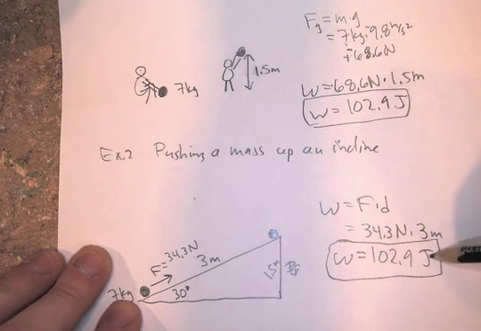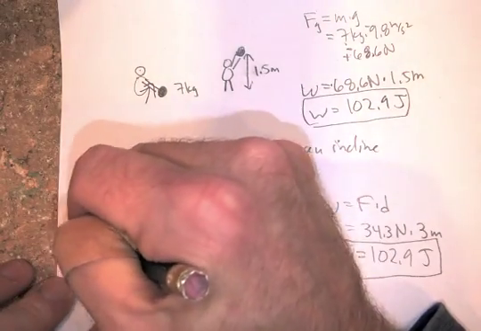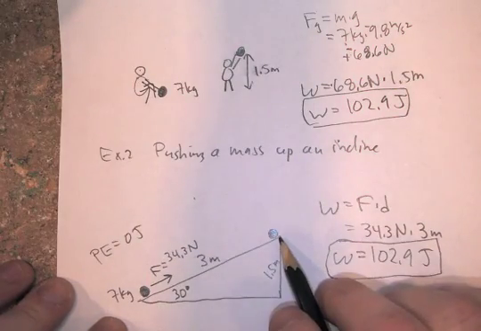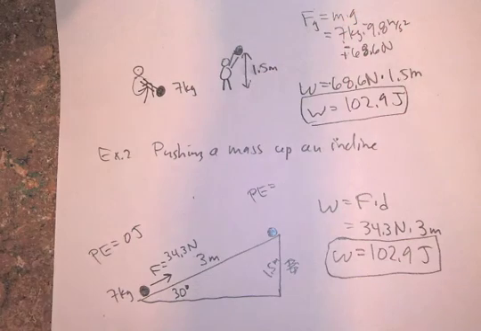So that's why the work comes out the same, because if you think about the change in energy, this is the last thing. Let's just say, hey, what's our PE here at the ground? Well, that was 0, right? And then we get to the top. What's the PE? Well, we just calculated MGH. I mean, 7 times 9.8 times 1.5, right?